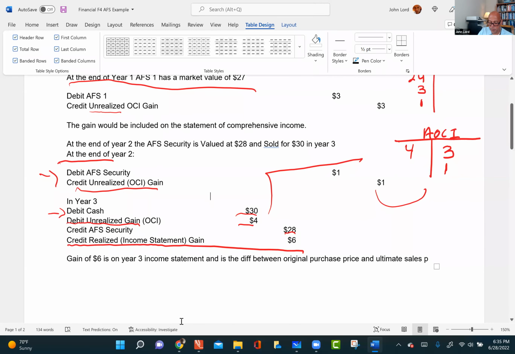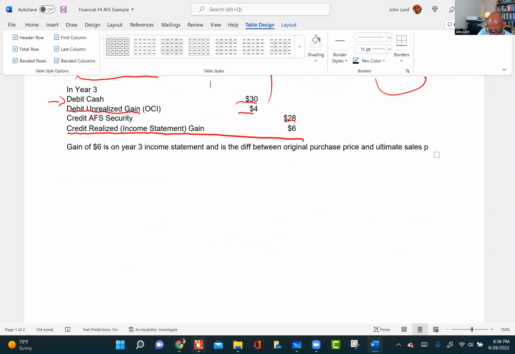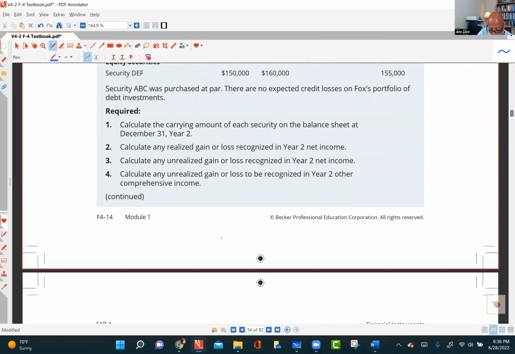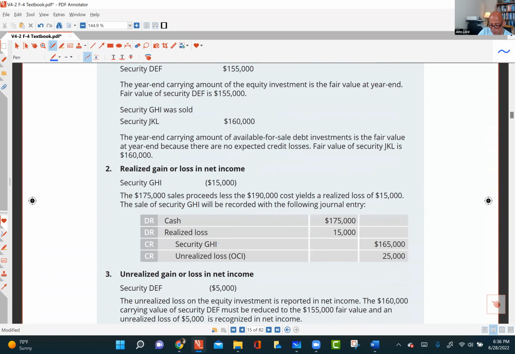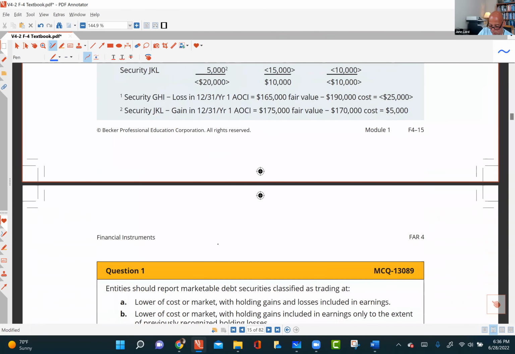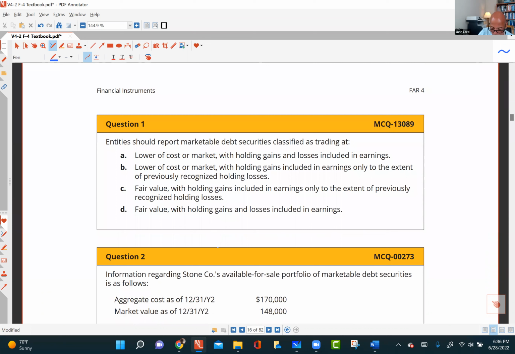Okay. Question? Okay, good. Then let's turn our attention to our first multiple choice questions of the evening. I'm not going to go through that example because they just keep giving you different securities and all these different situations.